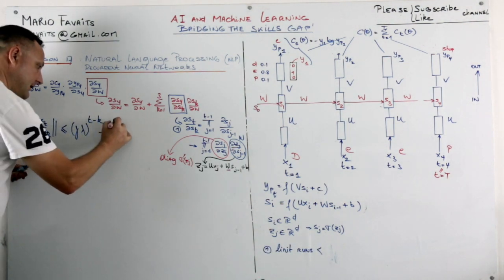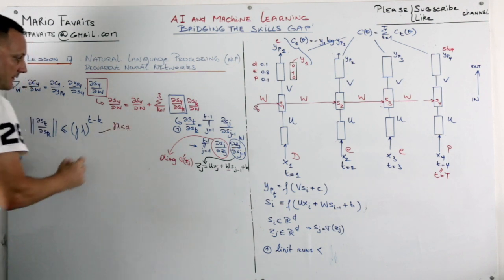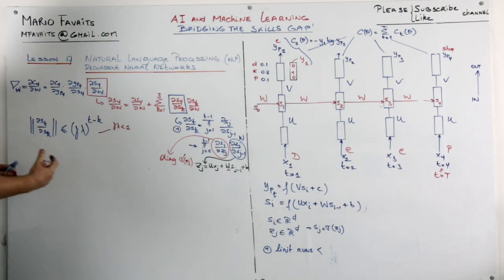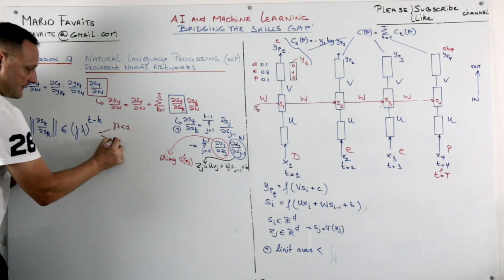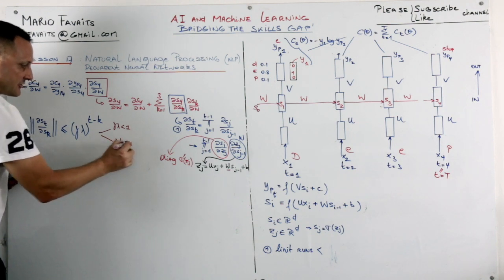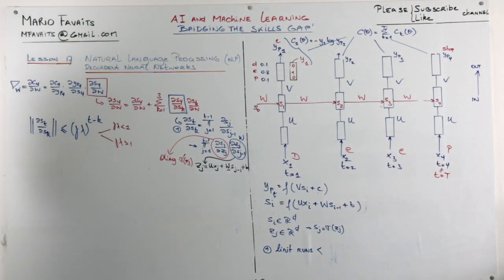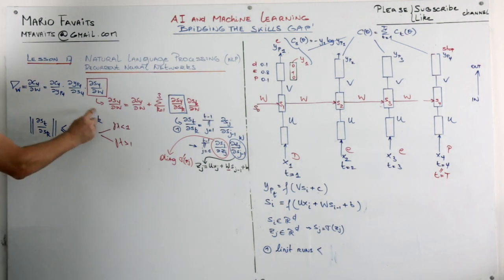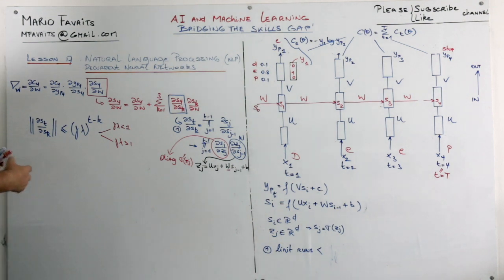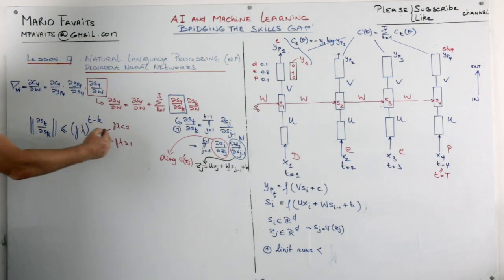If gamma lambda is smaller than 1, you have a risk of vanishing gradient. When gamma lambda is larger than 1, you have a risk of exploding gradient, especially when this exponent is large. When is the exponent large? When t is close to big T, and where k is actually very early in the network.